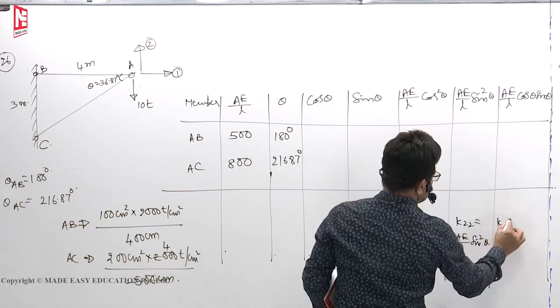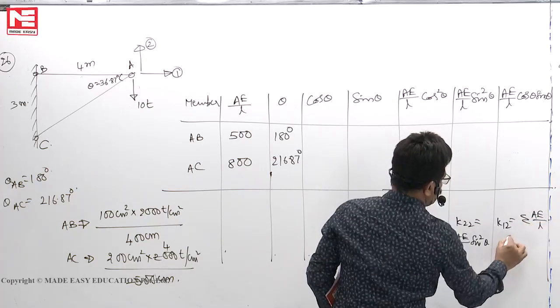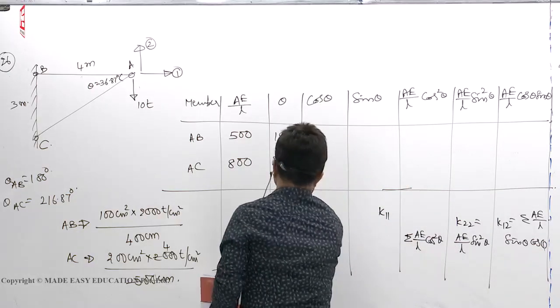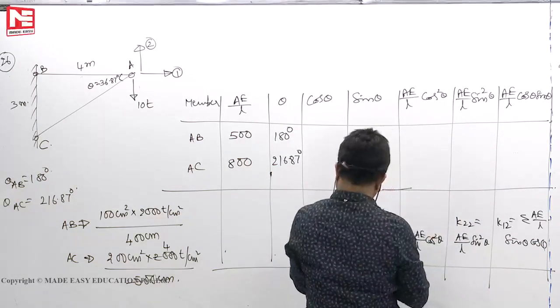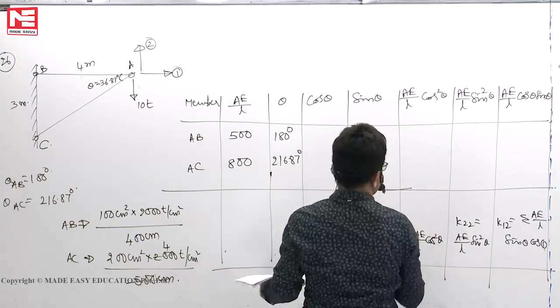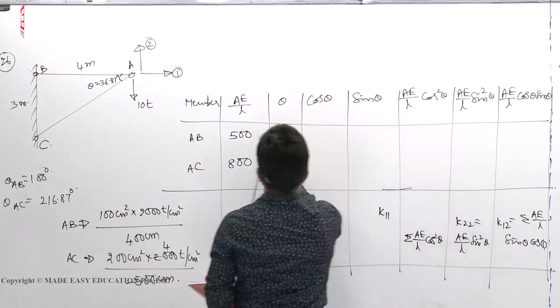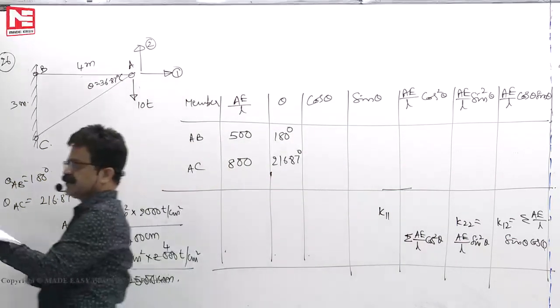This is K12 summation of AE by L sine theta cos theta. He is asking already 384 he has given. K11 means this only you have to calculate. So sigma AE by L cos square theta. How much you'll get? We will finish off that.